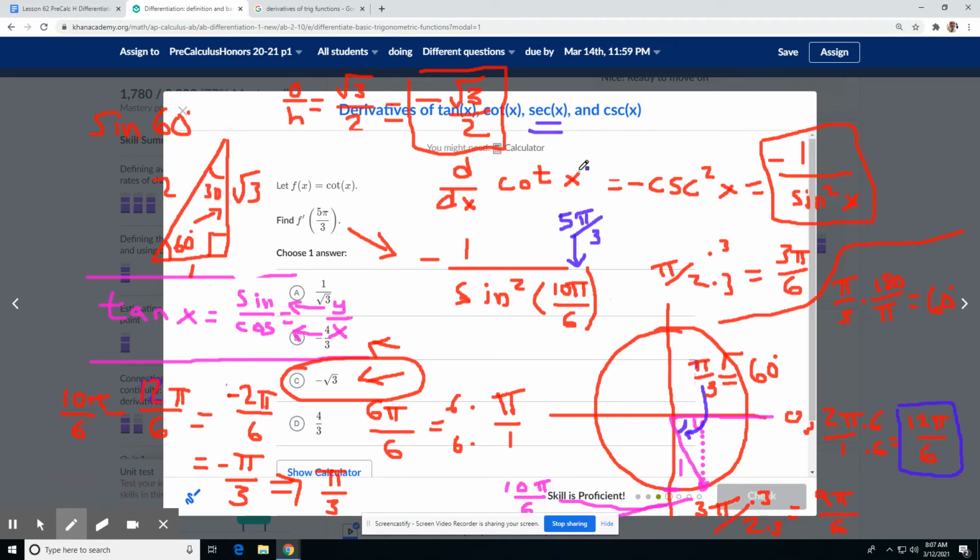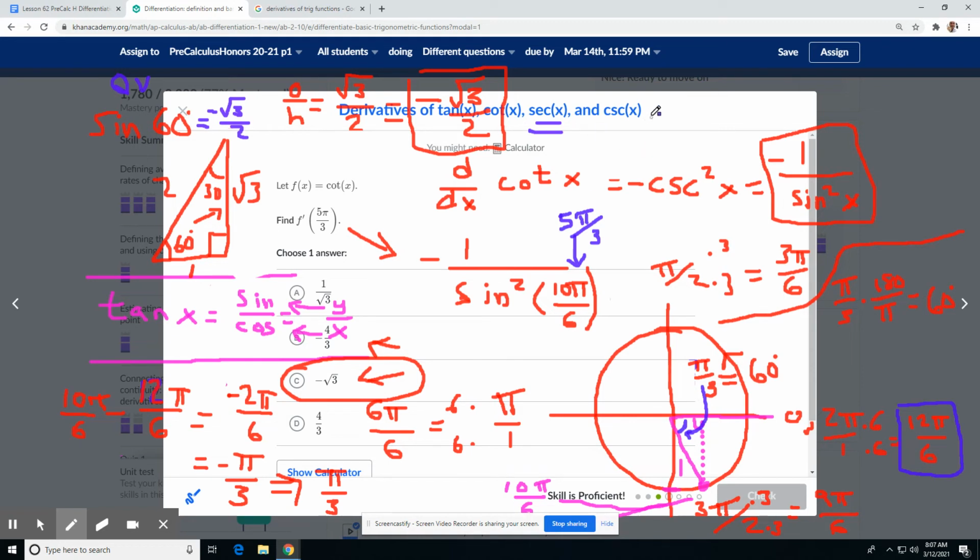So I'm going to go ahead and use blue this time. So I found out that this is in quadrant 4, so in Q4, this is negative radical 3 over 2. Right, so that's basically what I found right here for the 5 pi over 3. I now need to square it and put a negative sign in front of it.